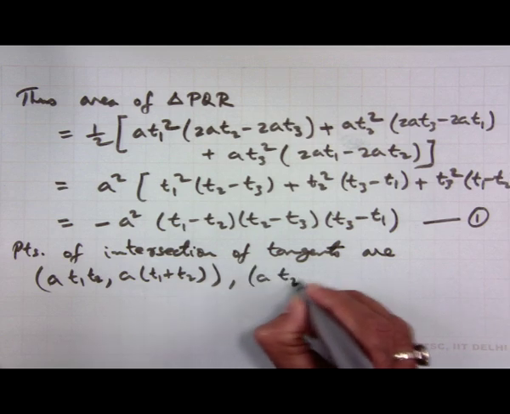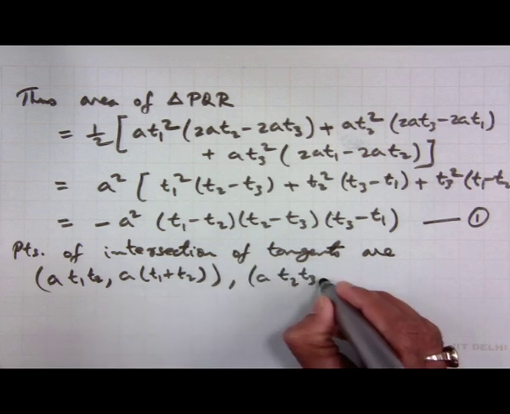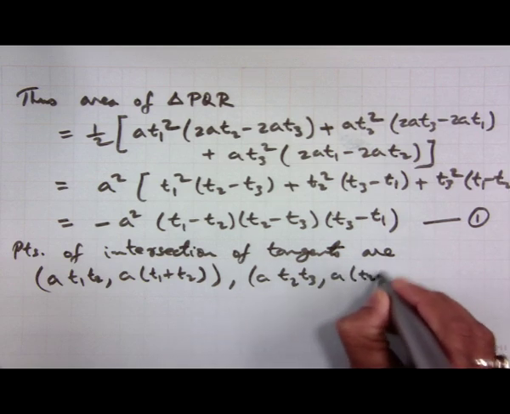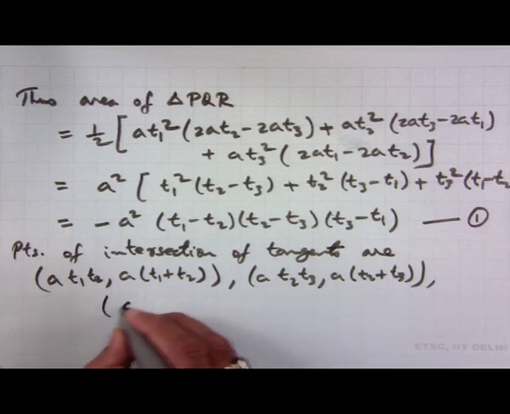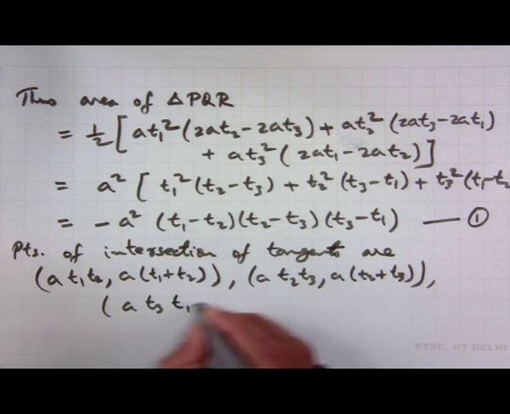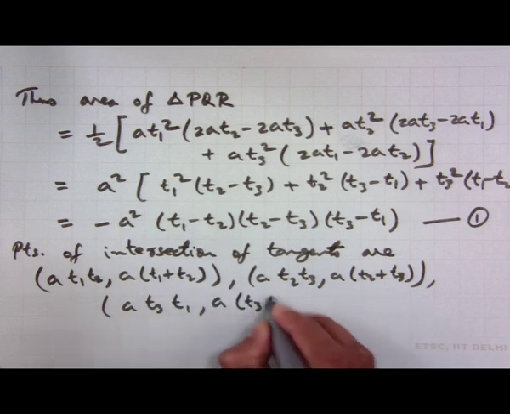If you take second and third point, then you get a t 2 t 3, a t 2 plus t 3, and first and third point will give a t 3 t 1, a t 3 plus t 1.